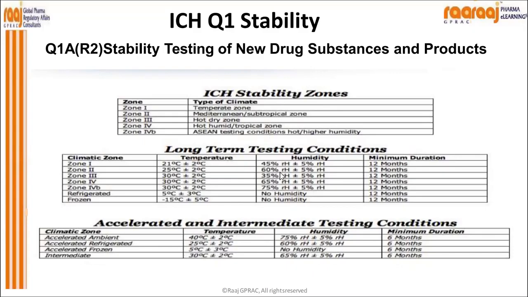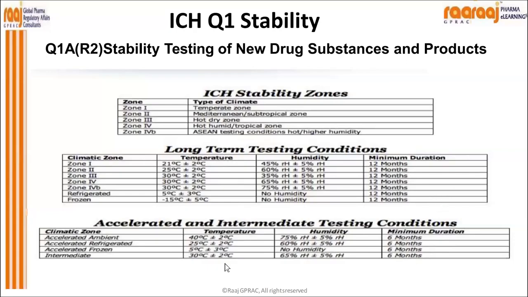So you can see the long-term stability testing condition, the temperature and humidity, and the accelerated condition for the temperature and humidity. Normally, the long-term testing is done for 12 months and the accelerated is done for 6 months.